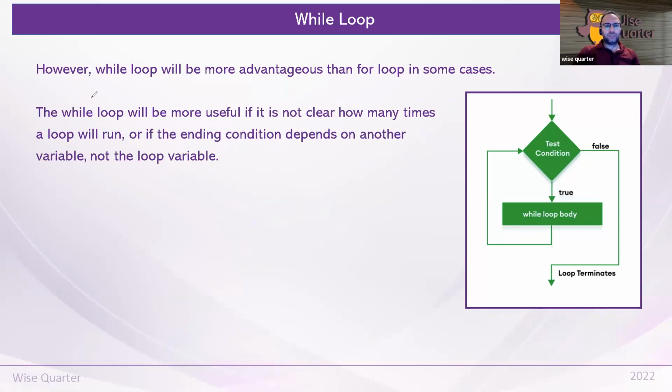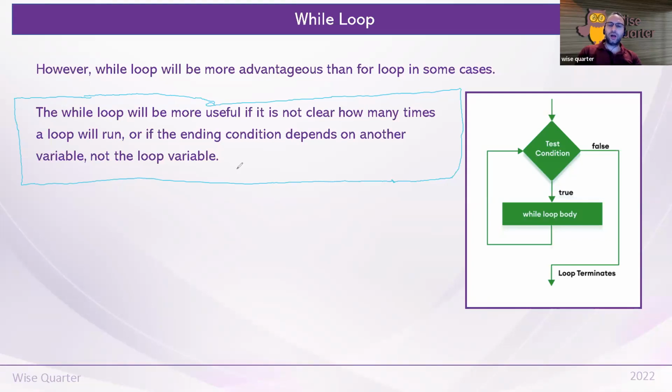Yes, this is the main reason. If you are not sure how many times you need to execute a loop, you have to use a while loop. Let me say it one more time. In the for loop, you have to set the numbers.